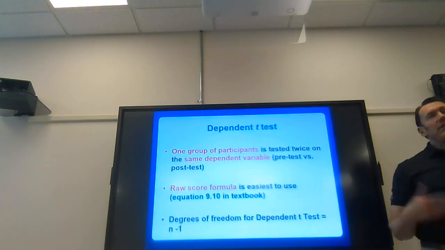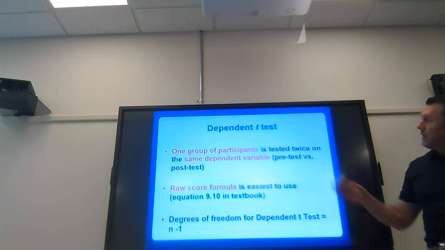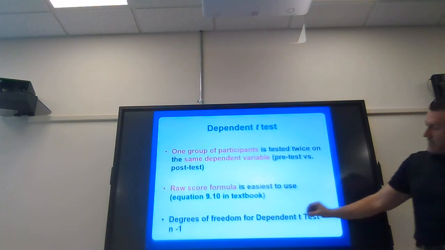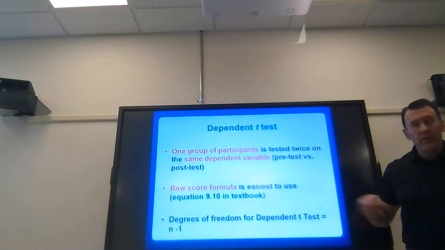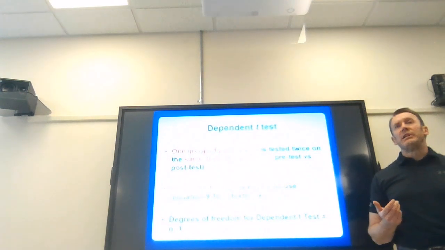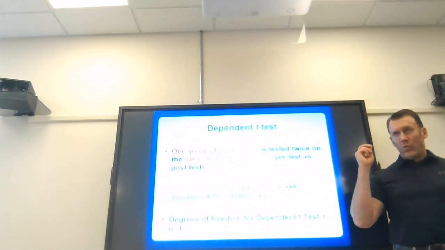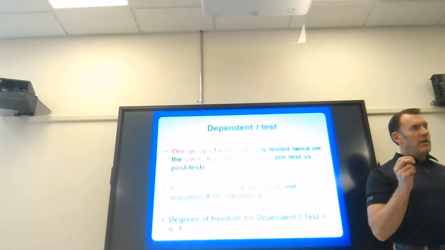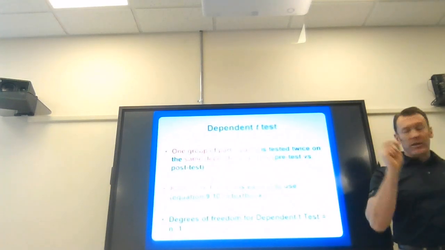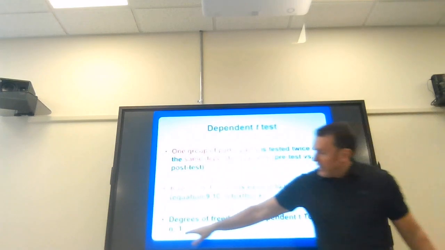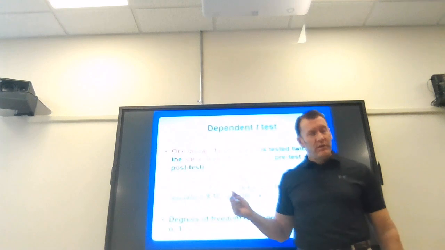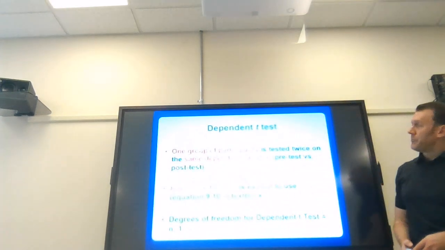Okay, so now the other difference. A dependent t-test is different from an independent t-test in the degrees of freedom. For a dependent t-test, because it's one person doing different time points with the same dependent variable, it's just n minus 1. So that's the other key difference.